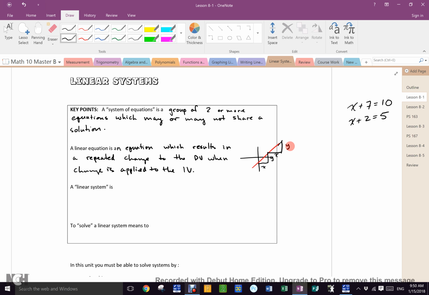So what then must a linear system be? If a system is a group of equations, and a linear equation makes this line, what must a linear system be? Follow the clues.